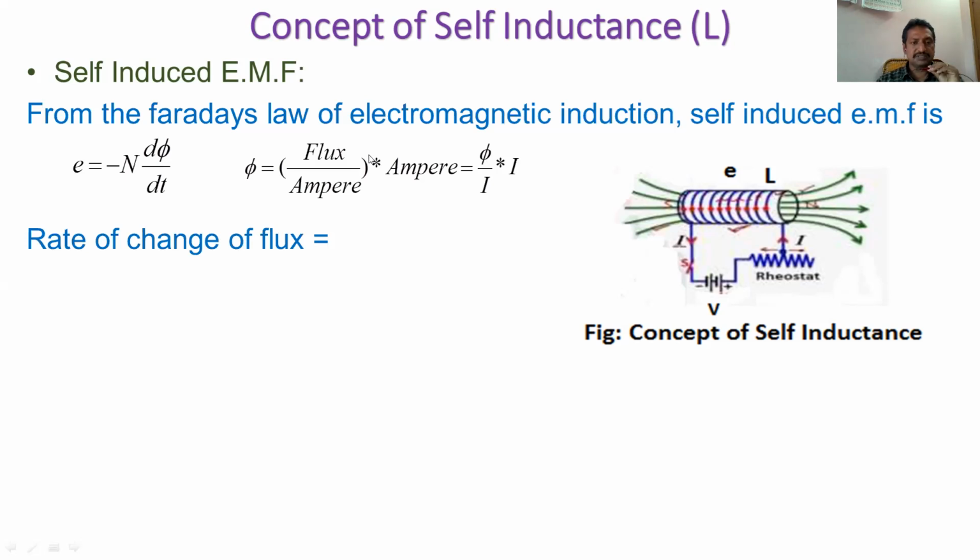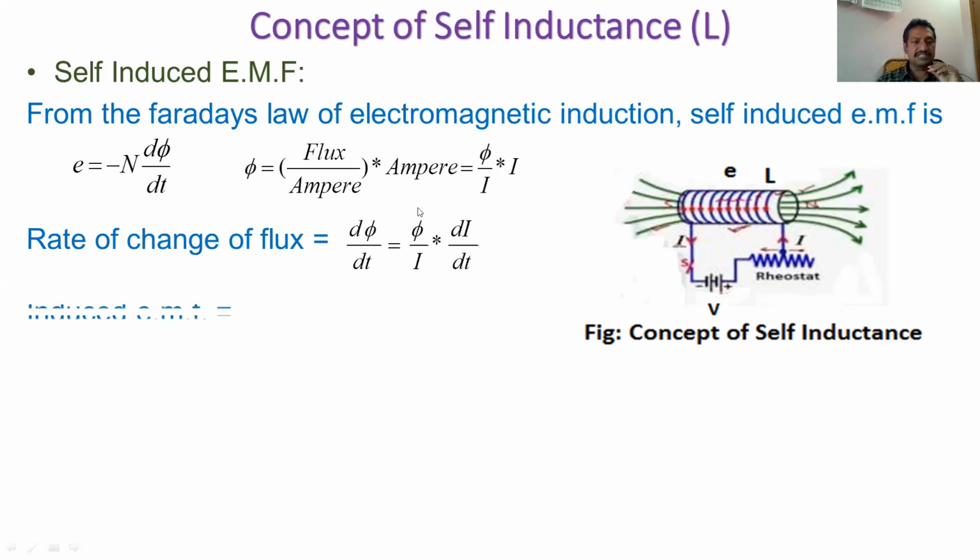We substitute this φ as φ by I into I in this equation. Then the rate of change of flux dφ is equal to φ by I into di.